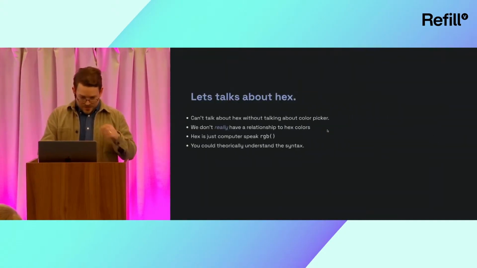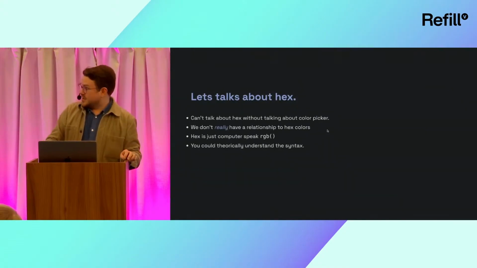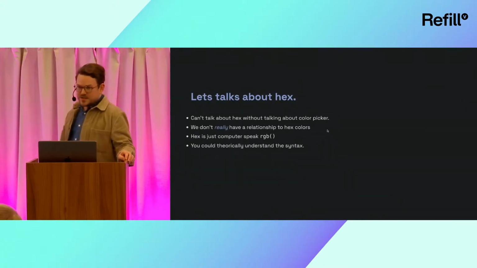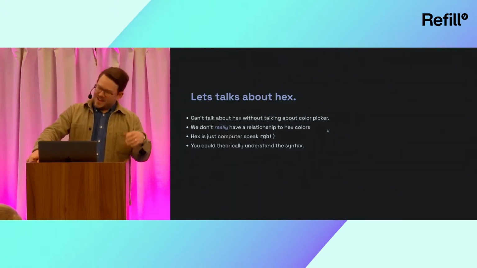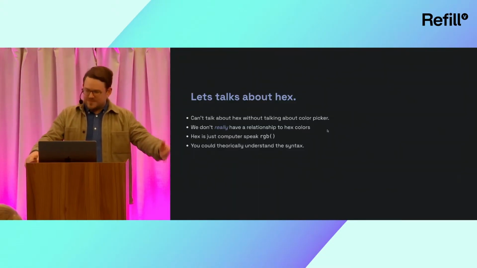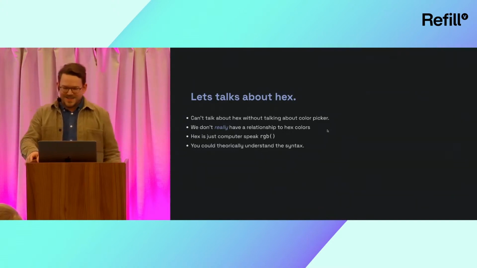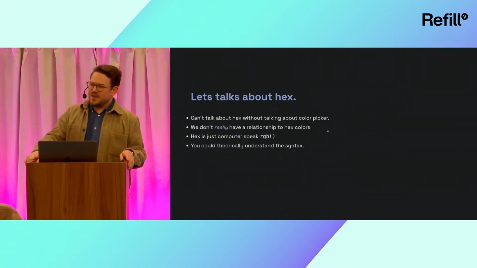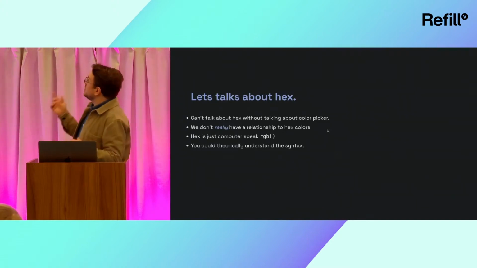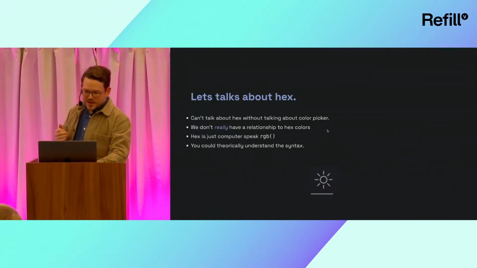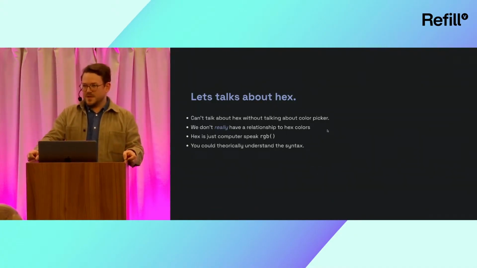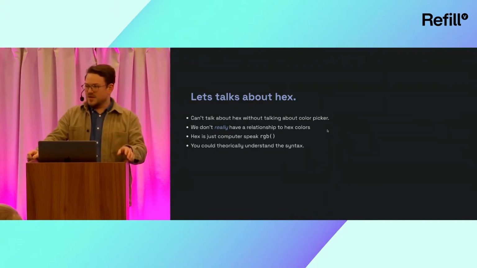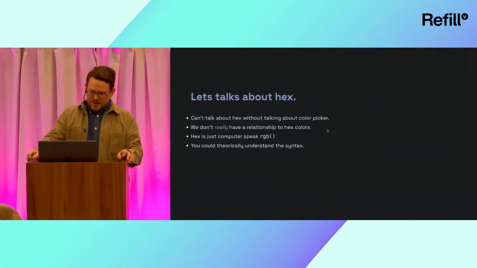But before we can dig into that, let's talk about Hex, because Hex kind of sucks. Not that Hex sucks, but it sucks because it's just a result of color pickers, right? We pick a color, and a color picker is a really great abstraction, because we rely a lot on our eyes to see stuff.